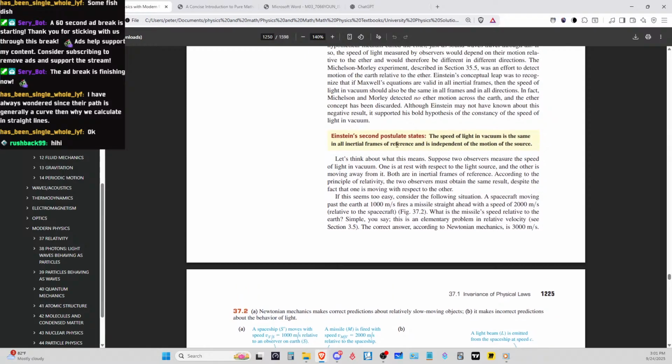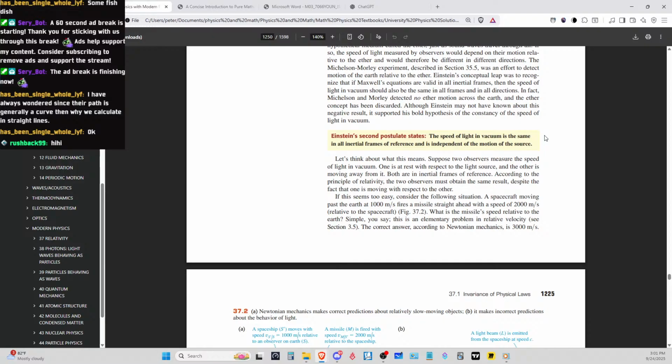And I think the reason they put that there is because if you're traveling in a car and you have the headlights on, the light from the headlights is still going at the speed of light, regardless of how fast the car's going. Because if the car's going and you have light coming from the headlights, most people would actually have to add those.